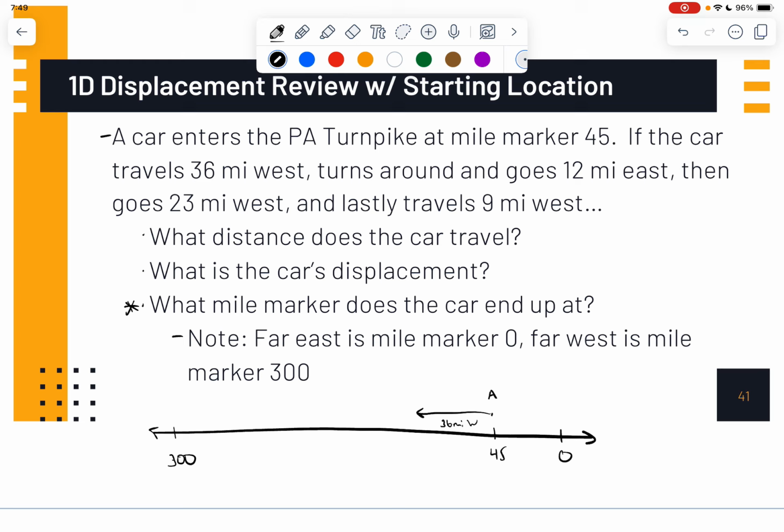We then turn and come back 12 miles going east. From there we go an additional 23 miles west, sorry, that's going back to the left there. And then lastly, we go an additional 9 miles to the west.